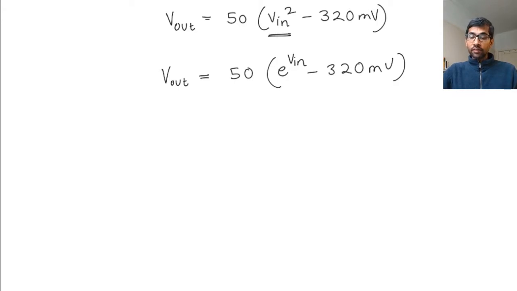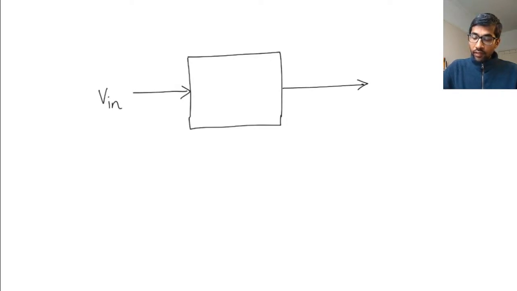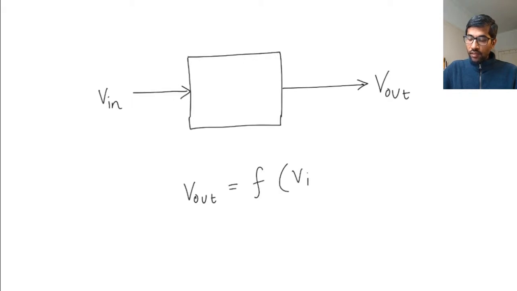So let me just draw a block diagram to explain what I'm talking about. Think about this device here, and this is a programmable device. I give it a V in and I take a V out, and I say whatever mathematical operation that I want. So V out is a function of V in.